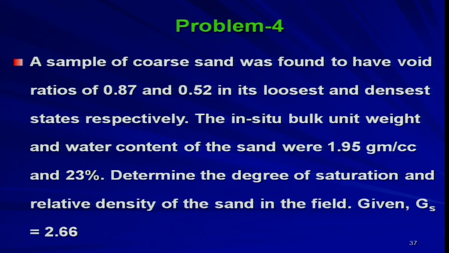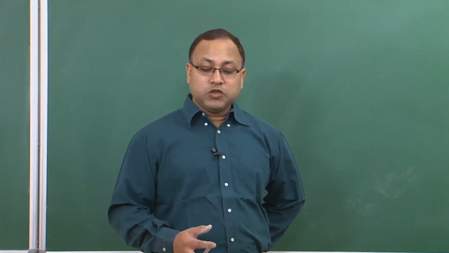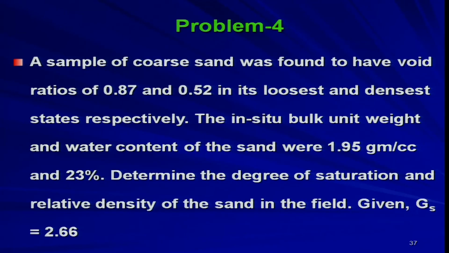That means e max is 0.87 and e min is 0.52, if you recall the expression for relative density. The in situ bulk unit weight and water content of the sand were 1.95 gram per cc and 23%. Determine the degree of saturation and relative density of the sand in the field, given the specific gravity of the soil solids Gs is equal to 2.66.